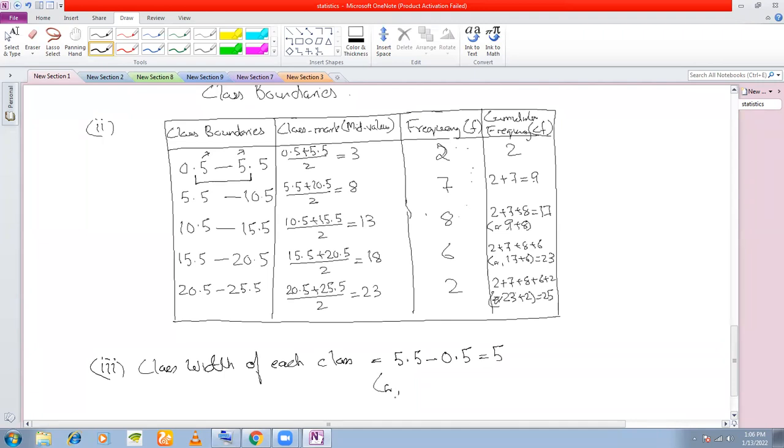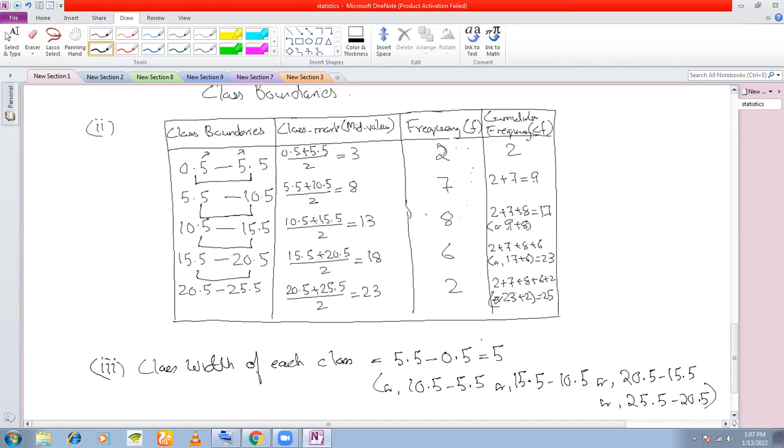Or you can also take the next one, 10.5 minus 5.5. That means you have to take the difference of any of these two: 15.5 minus 10.5, or 20.5 minus 15.5, or 25.5 minus 20.5.